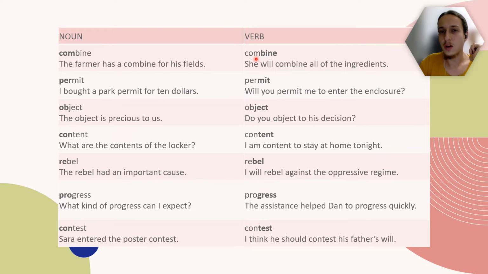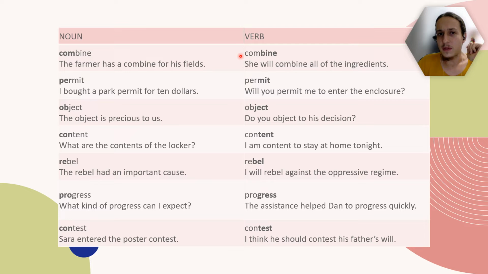Noun. Combine as a verb. Combine. Let's read the example. The farmer has a combine for his fields. Combine here is a noun, is an object.